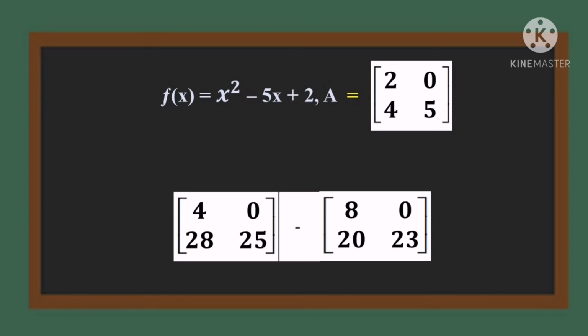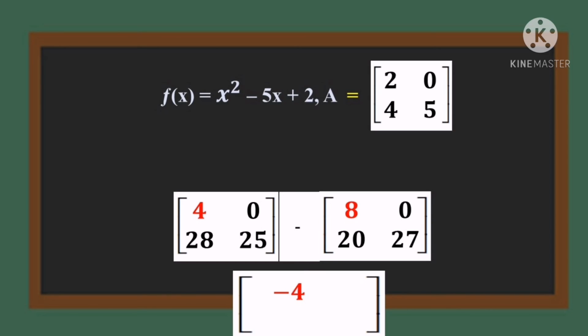We can now do the final operation, which is to subtract the two matrices. In this operation, the rule is the same as with addition. We need to subtract the corresponding elements. So, we take the numbers in row 1 and subtract. We have 4 minus negative 8 is equal to 12 and 0 minus 0 is 0.